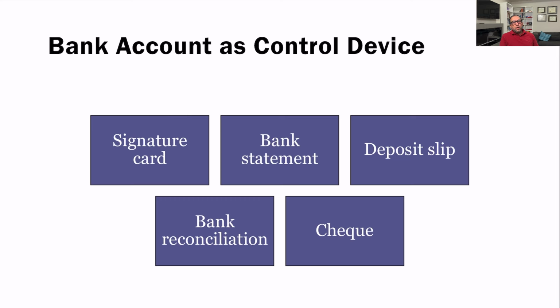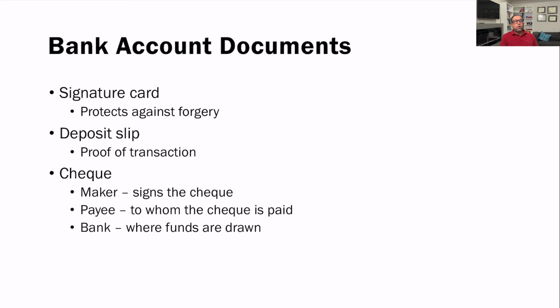A bank statement is frequently sent with information on your balance, so the account holder should be aware of the balances, and if there is any ambiguity, they can resolve it within a proper time. A deposit slip is a legal document, documentary evidence for depositing money, cash or a check. Bank reconciliation, that's the point we want to discuss in detail.